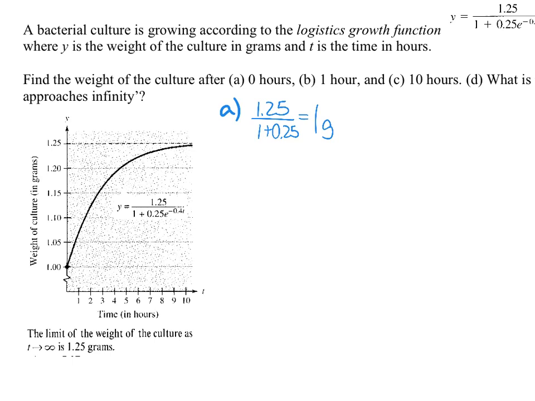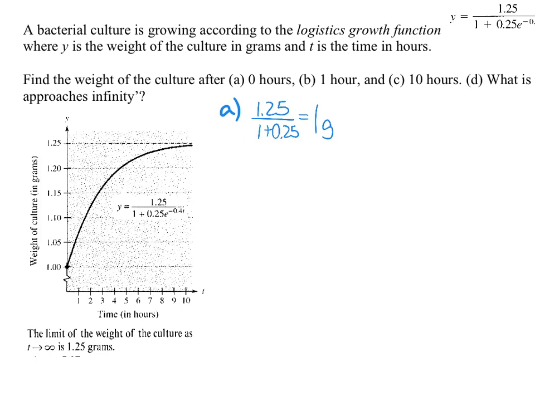Yeah, P. That would be our starting amount, if you were thinking of it in terms of exponential growth. Again, this is a different model, so P isn't exactly the same as what we might be thinking, but that would be the amount at the starting time.